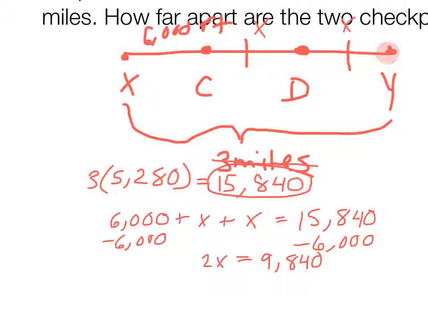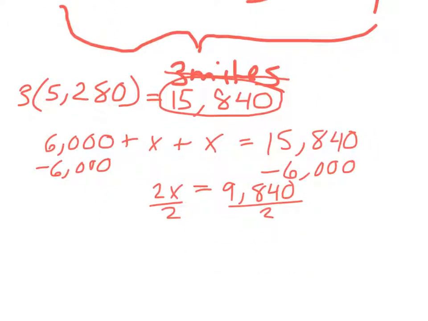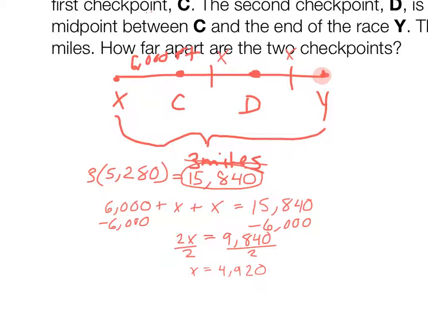So 9,840 divided by 2. 4,920 feet would be the length of x.